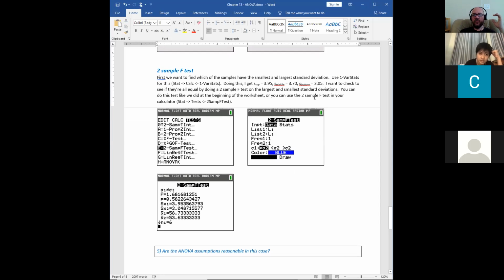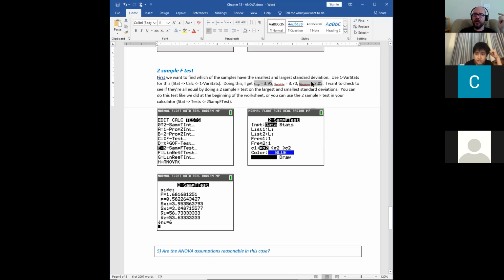A thing I kind of glossed over earlier is that we only really need to do the biggest one and the smallest one. If that and that are close enough to each other that we think their population variances are equal, then it's pretty clear that the one in the middle is also going to be considered equal to them.